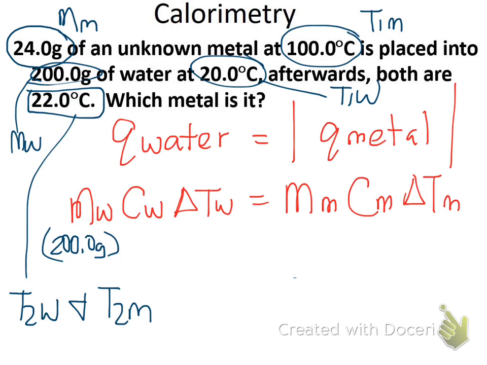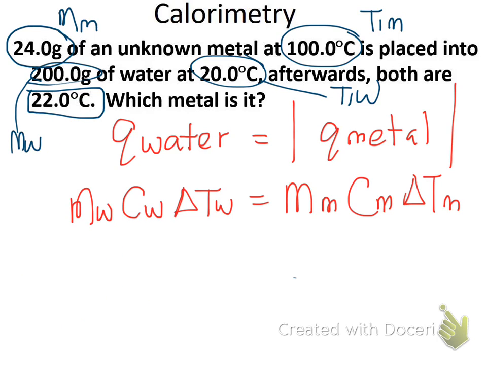Okay, so we've labeled all of our items, and now we're going to plug in our labels into the correct locations on our double MCAT equation. Go ahead and do this now. Let's check in. What did you plug in for your MW? 200.0 grams.